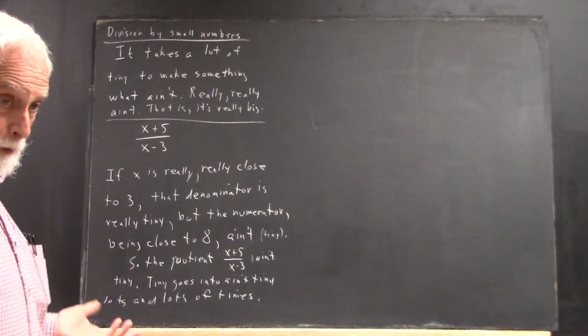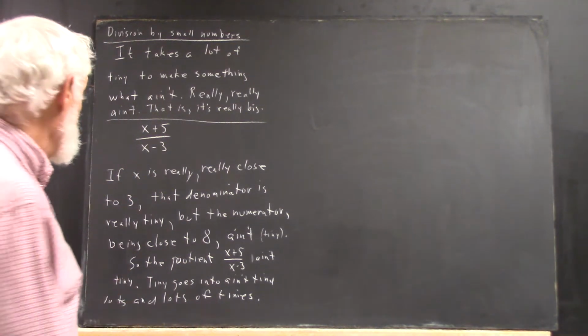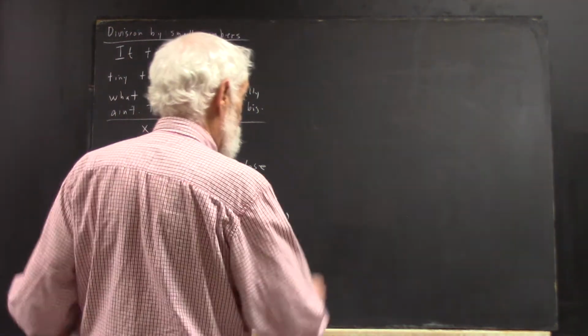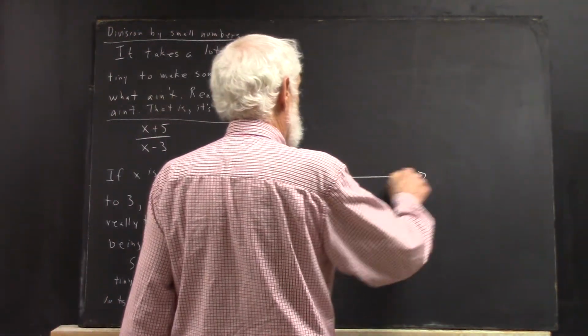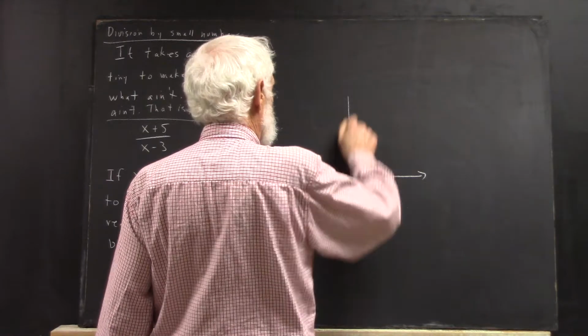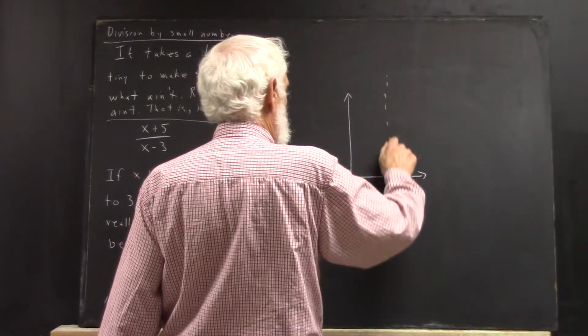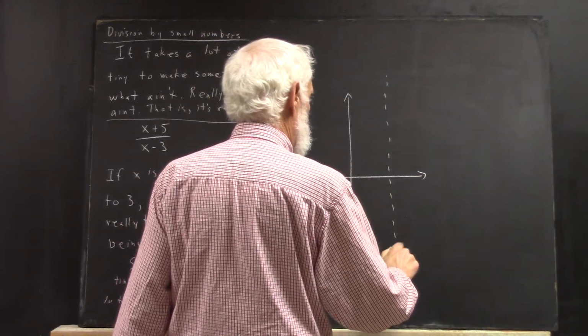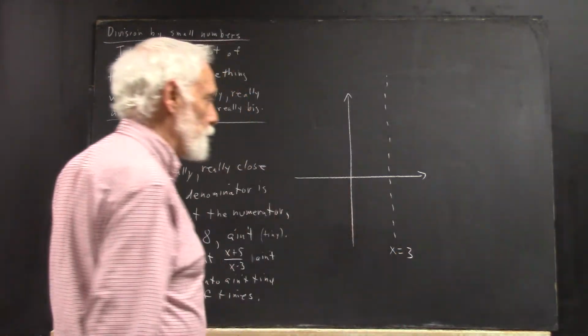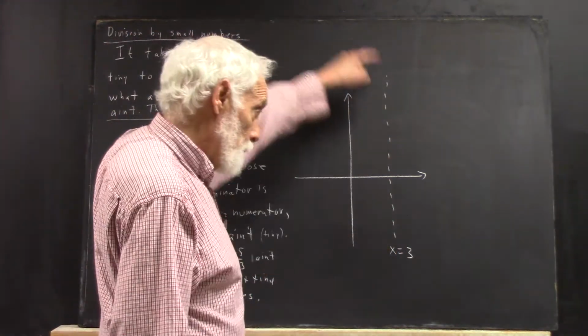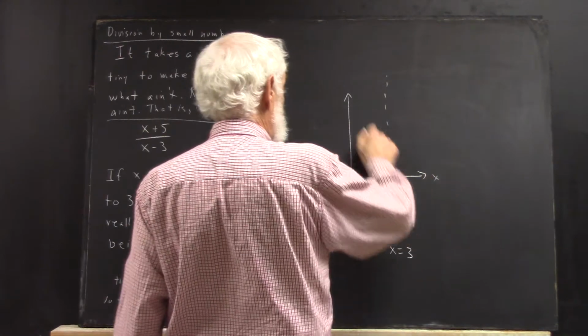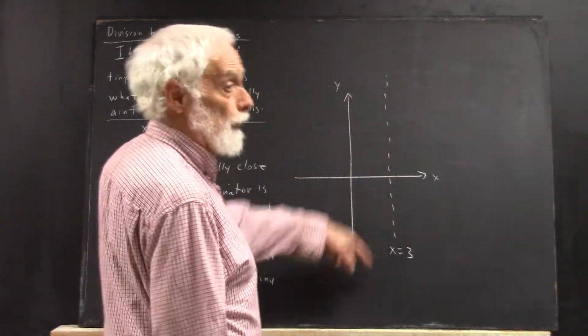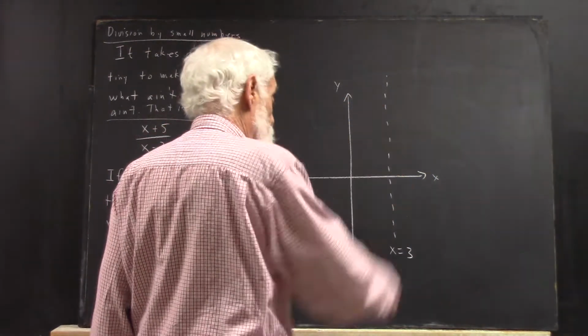This has implications. If you're graphing x plus 5 over x minus 3, so here you have a graph, and here you have a vertical line where x equals 3. If this is your x-axis, this is your y-axis, and this line's actually vertical through x equals 3.